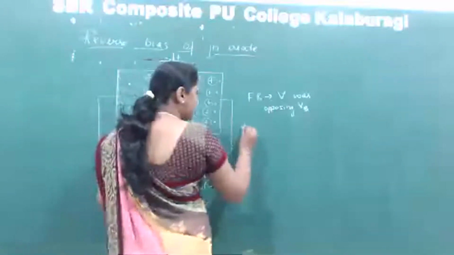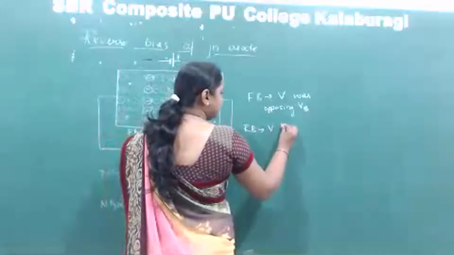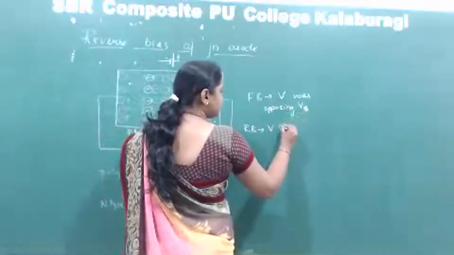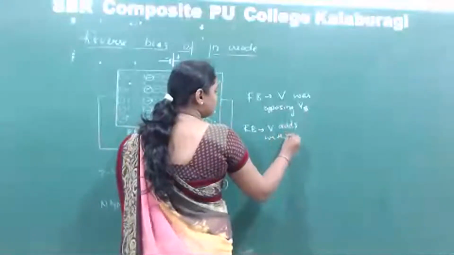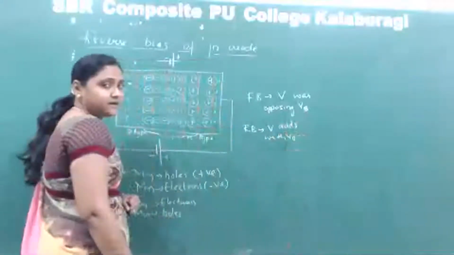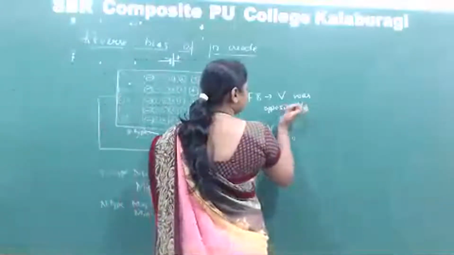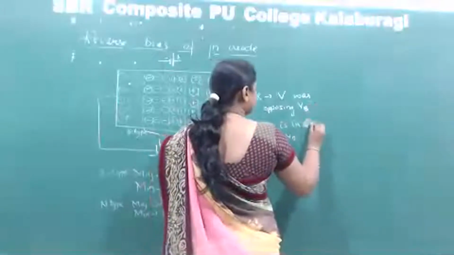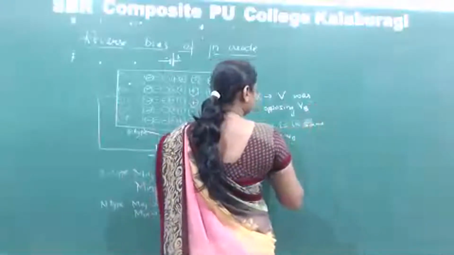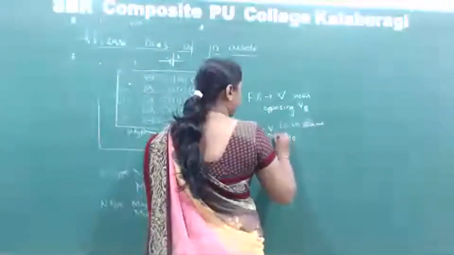But in reverse, what happens? V is in the same direction as VB.